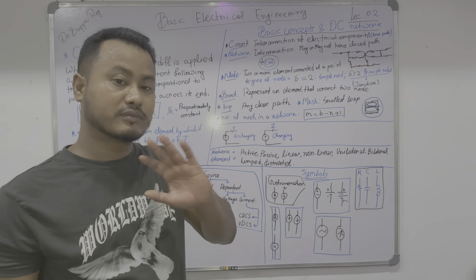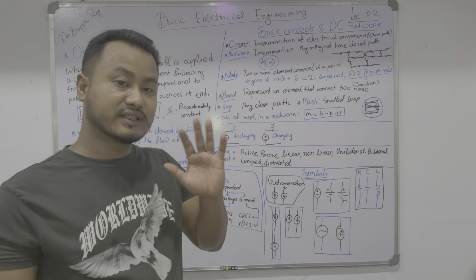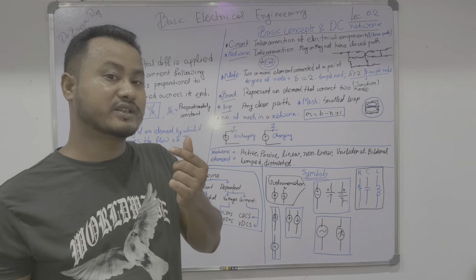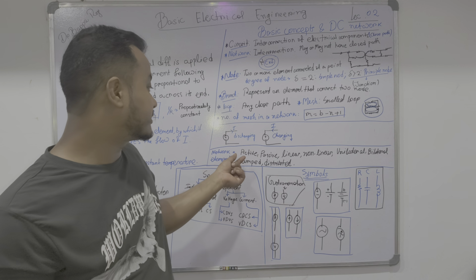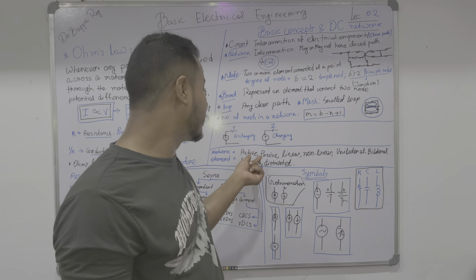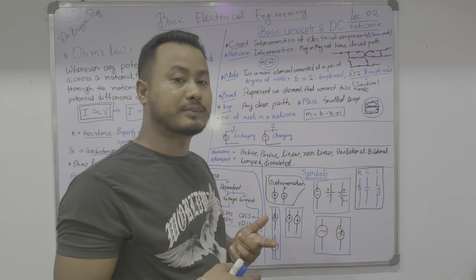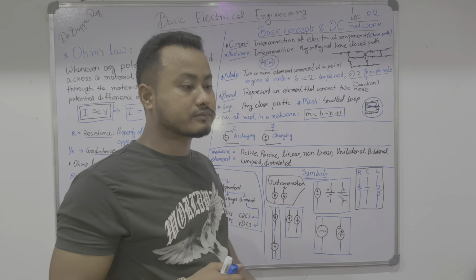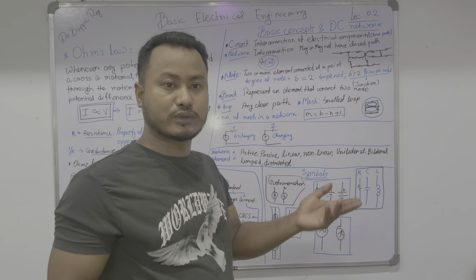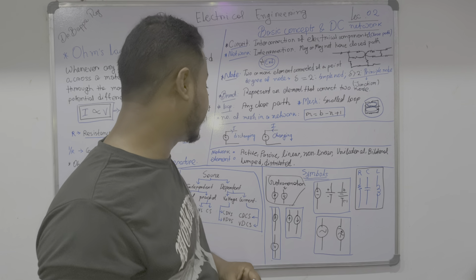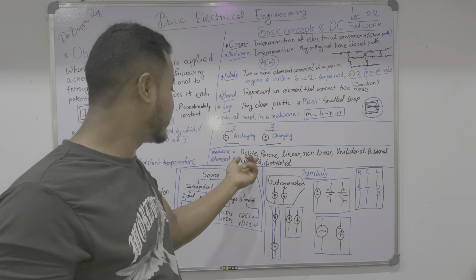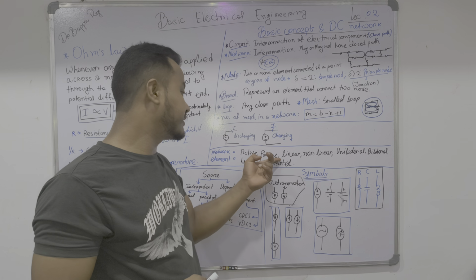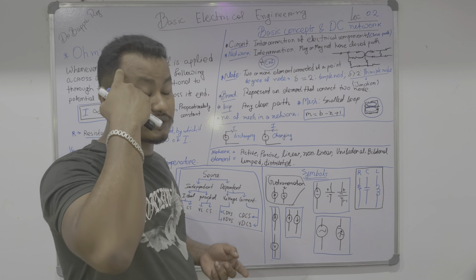This is the basic definition. A battery is also an active element, which can give supply without depending on any other source or element. Examples are a battery or any voltage source or current source.